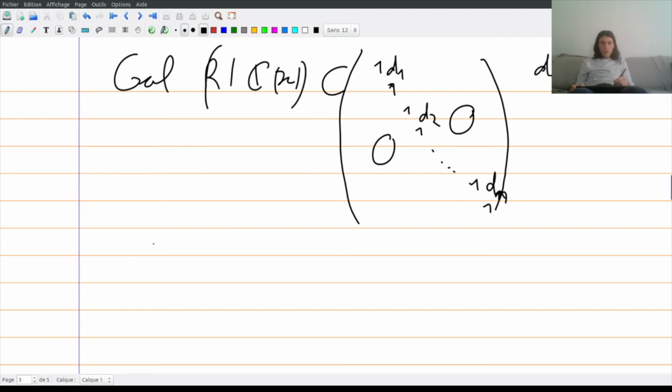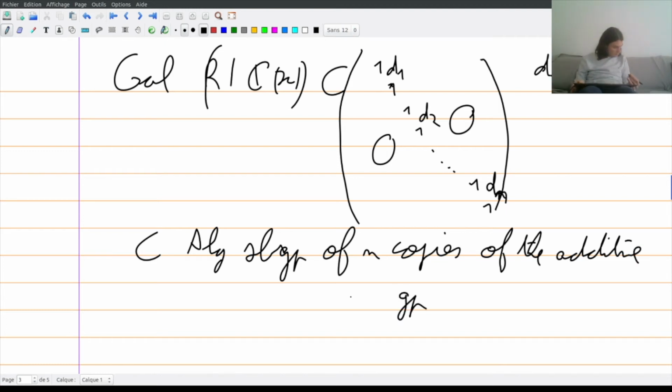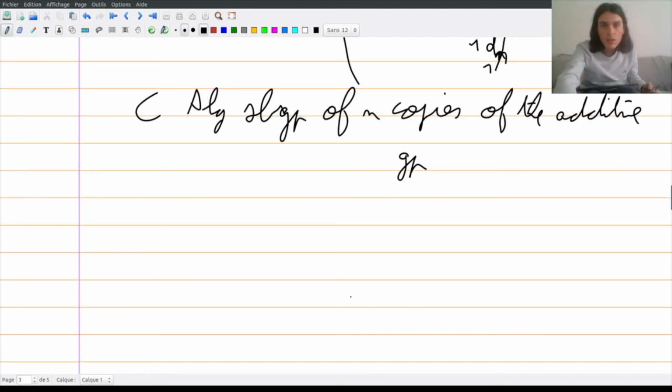And so this is an algebraic subgroup of n copies of the additive group. It's not very clear to see the additive structure of this group, but let me give an example exercise with n equals 1.